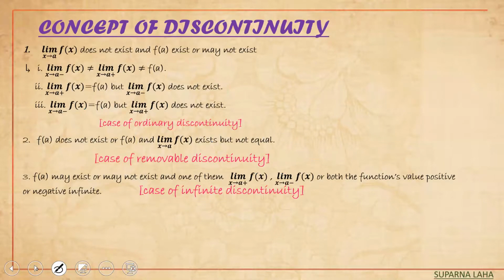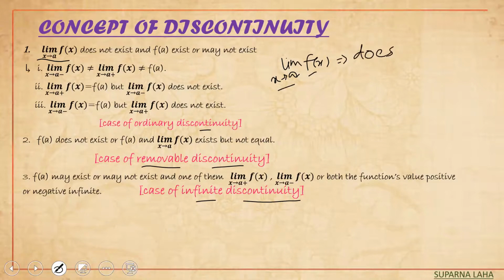Now here we already know these types of discontinuity. By the graph we have checked ordinary discontinuity, removable discontinuity and infinite discontinuity. If the limiting value, limit f of x as x tends to a, that is the limiting value of the real valued function f at x equals a, does not exist.